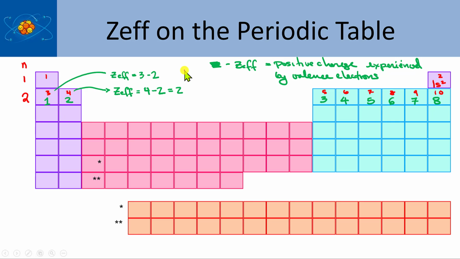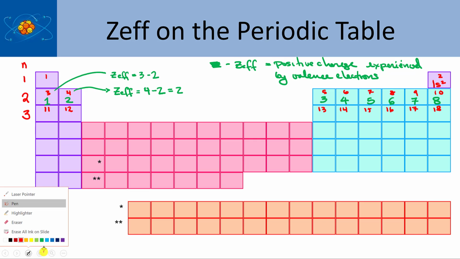Now if I do n equals 3, then I have, for example, for sodium, I have 11, and then 12, and 13, 14, 15, 16, 17, and 18. So how do I calculate effective nuclear charge for these? So for those guys, I'll use a slightly different color.